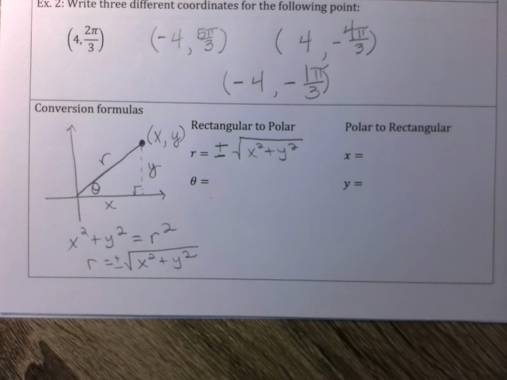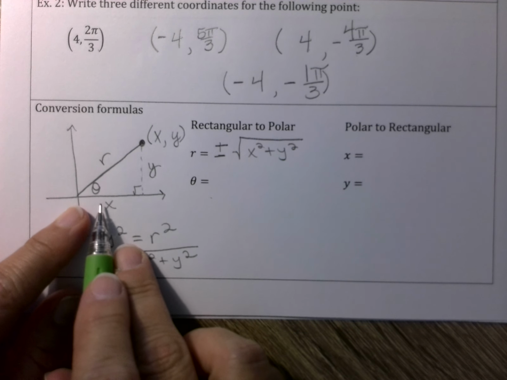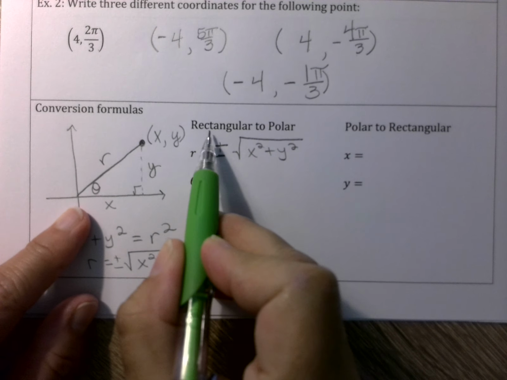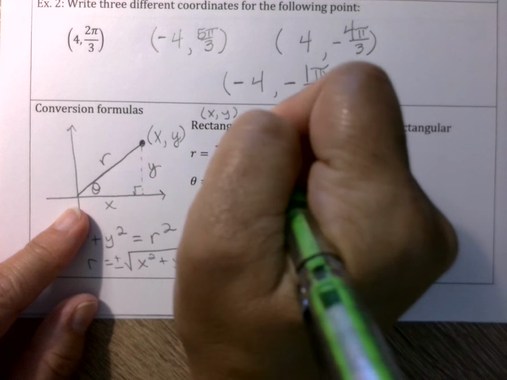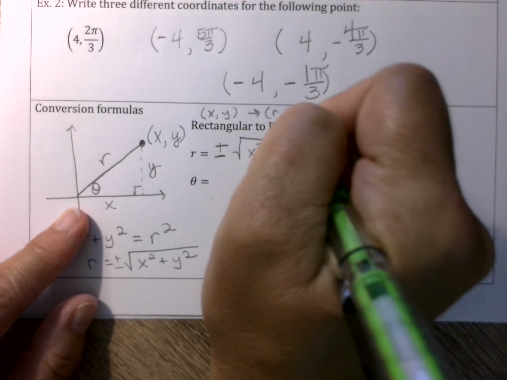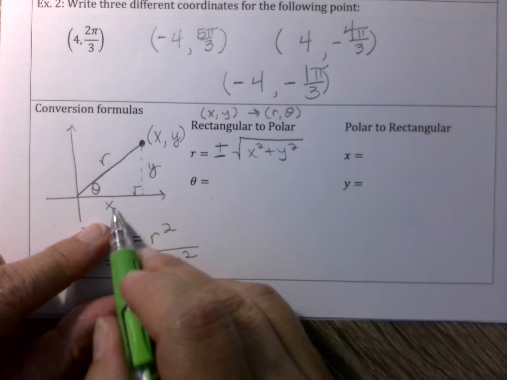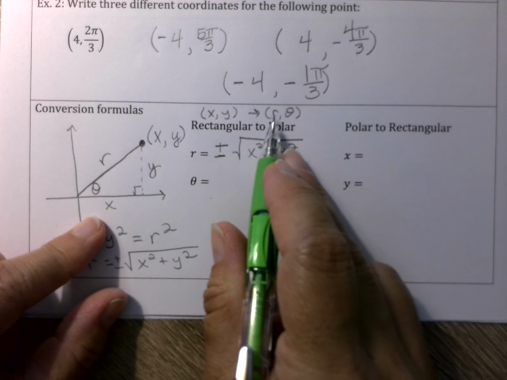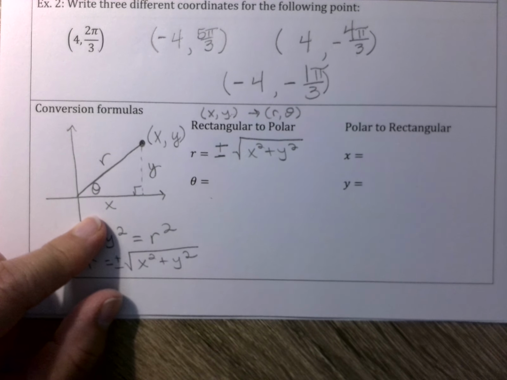Now to find theta, we're going to need to use a trig function, and we've got to be careful about which one we use. Remember, if I'm going from rectangular to polar, that means that I'm starting with xy and I'm moving to r theta. So I want to use the trig function that only uses x and y. I can't involve the r because r is part of the thing that we're looking for. We're given x and y, so we want to use those things.